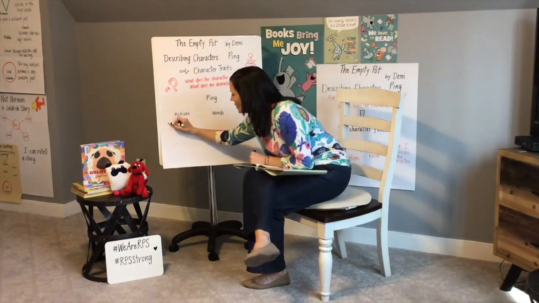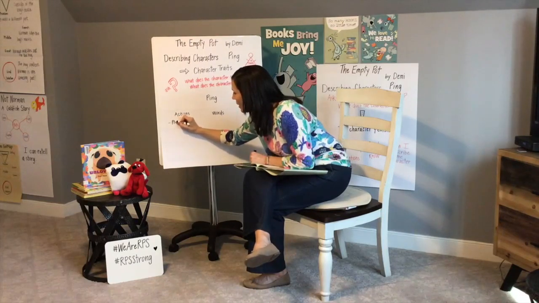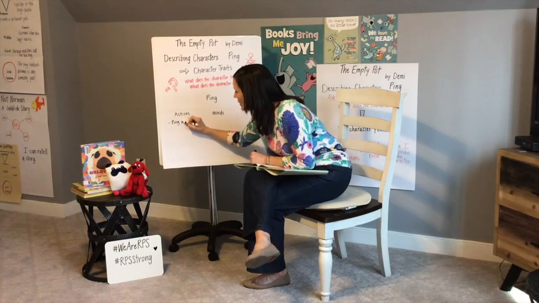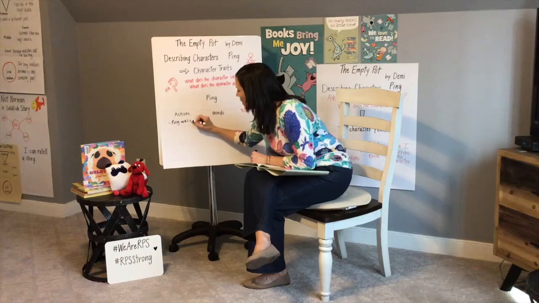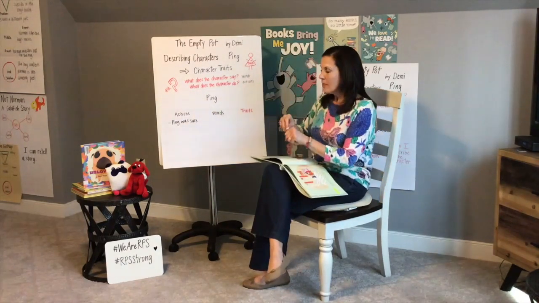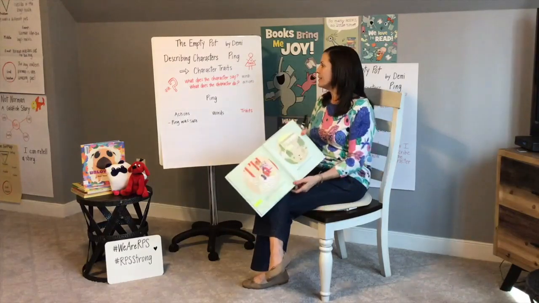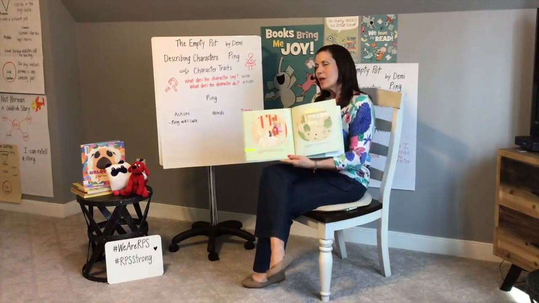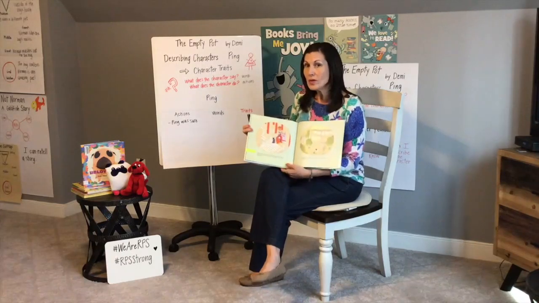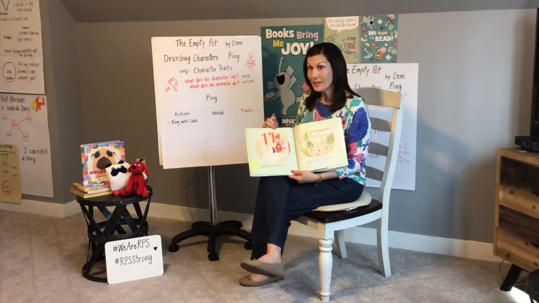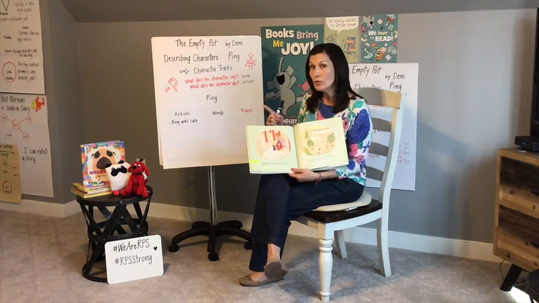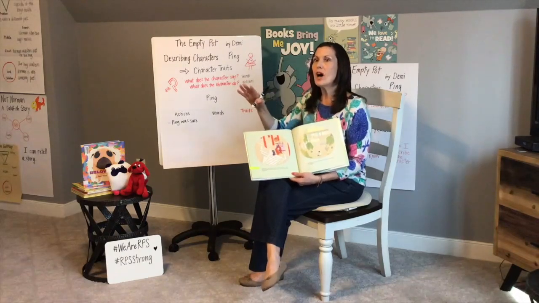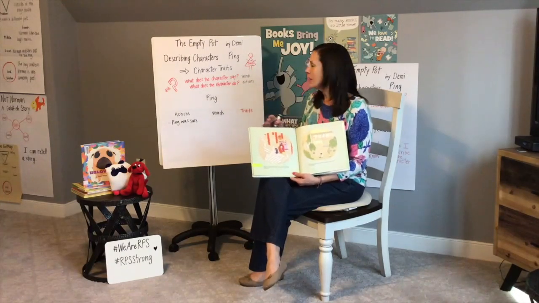So under actions, I'm going to put Ping was sure. And notice I'm not writing everything the text said, but I'm thinking about how Ping is acting when we are sure of something, and in this case, he's sure he can grow the most beautiful flower in this contest that's happening across the kingdom.